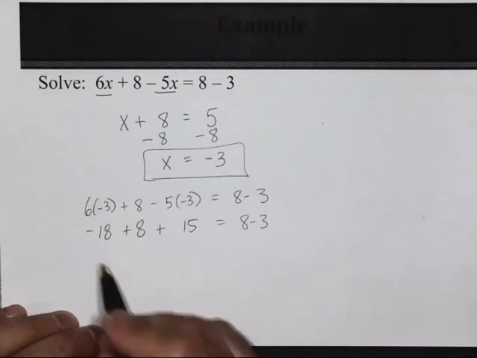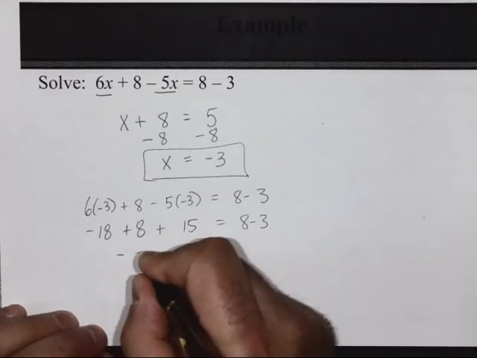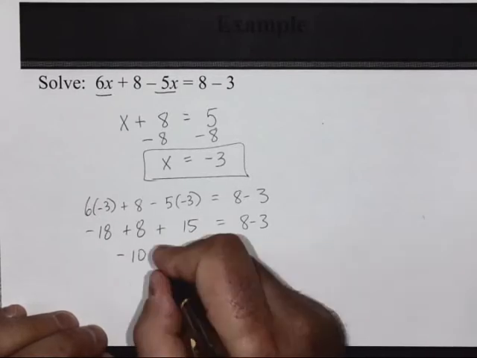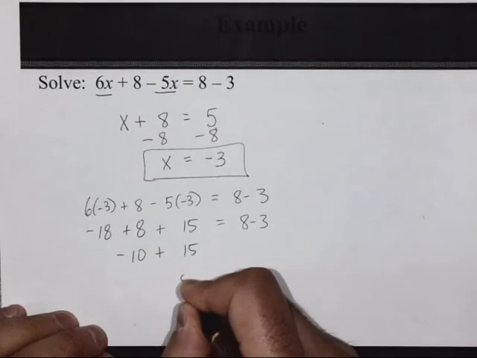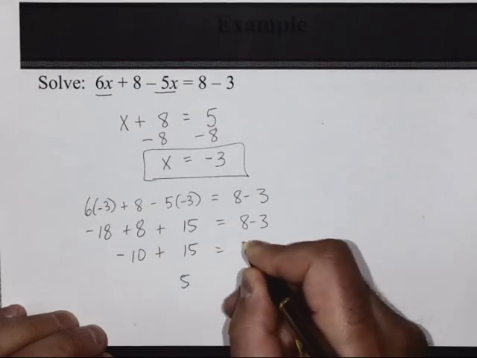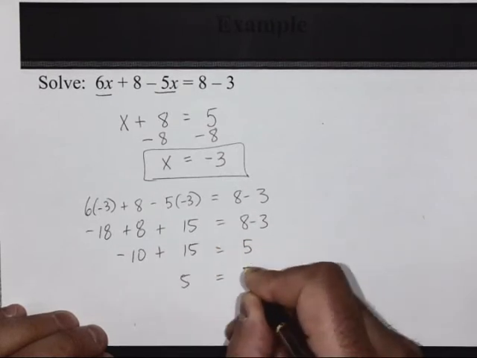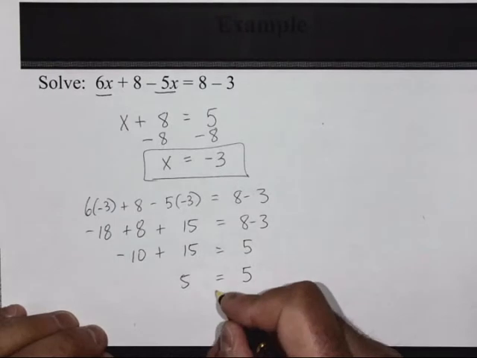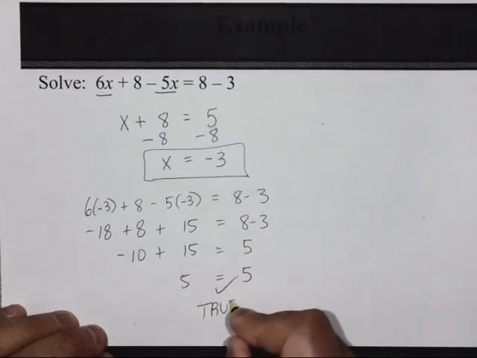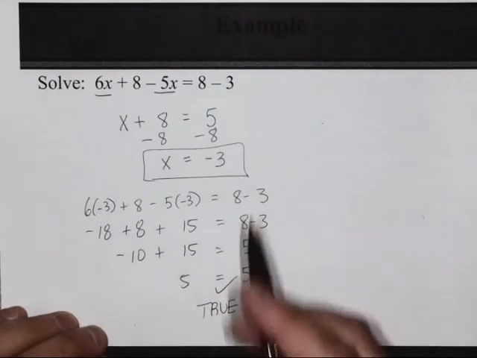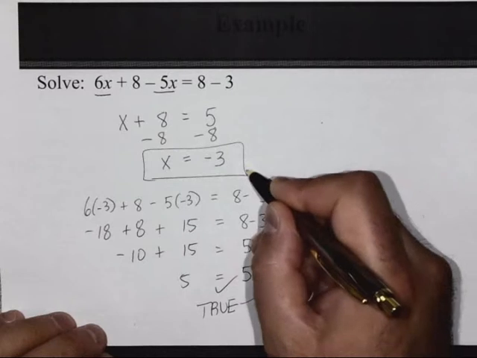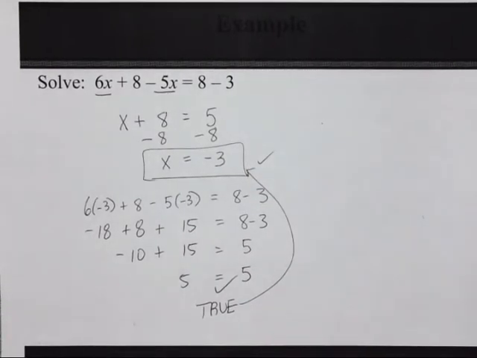So this gives me negative 10 plus 15, which is equal to 5. And of course 8 minus 3 is equal to 5. So we get a true statement. So this just verifies that this is indeed the correct answer.